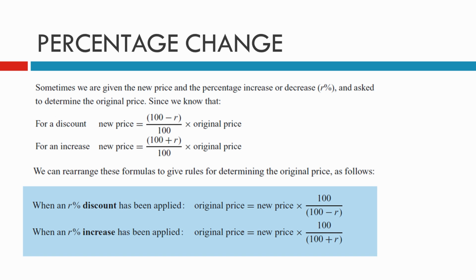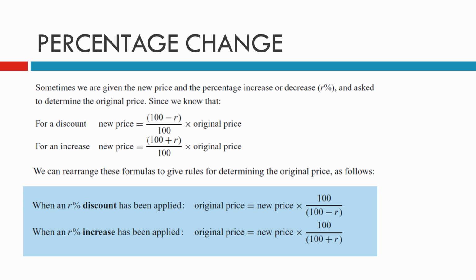Okay, now the next point. Sometimes we are given the new price and the percentage increase or decrease, which was what we had before, but this time we're asked to determine the original price. So now we can transpose the equation, make the original price the subject of the formula, remember algebra, same sort of thing, or you can just keep using the same formula you've been using before and work it out that way.